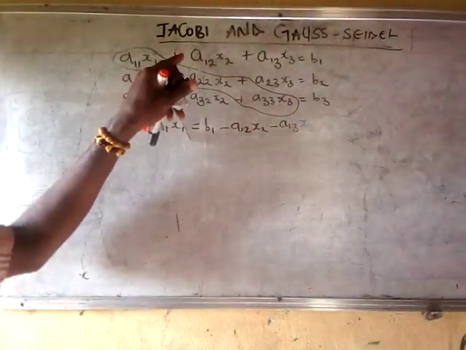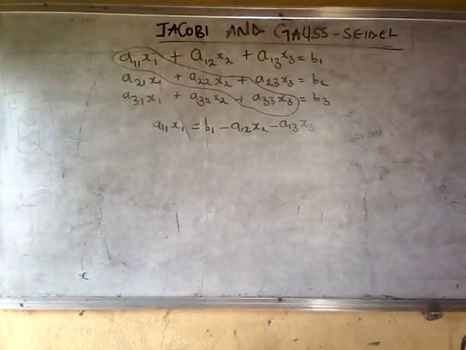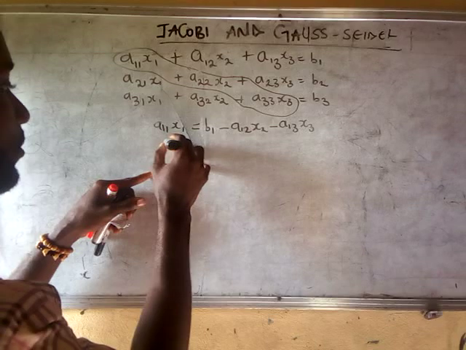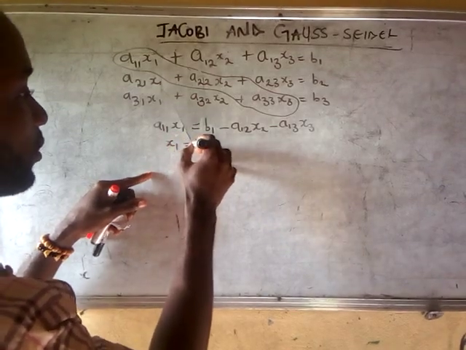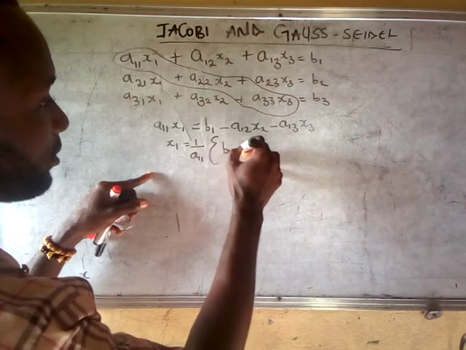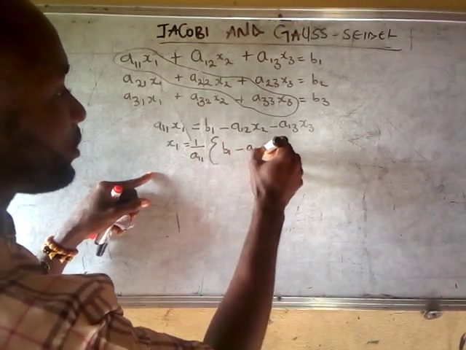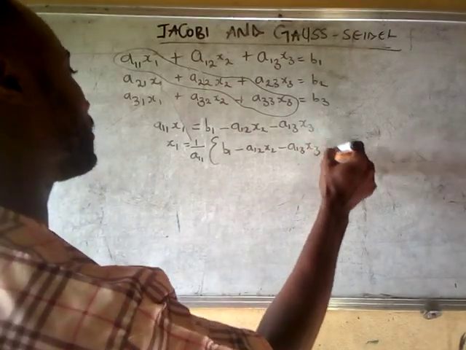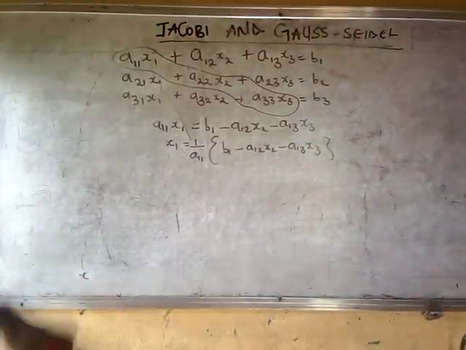Remember that the positive changes to negative when it crosses the equal to sign. So now, making x1 the subject formula, x1 will be equal to 1 over a11 into b1 minus a12 x2 minus a13 x3.